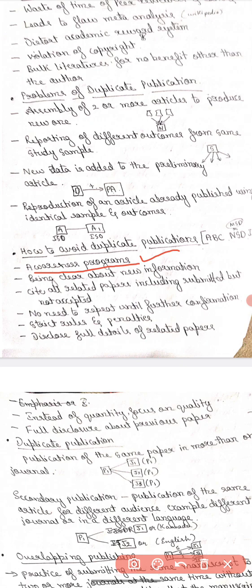They require awareness programs, being clear about new information. If they are doing research on a new innovation topic, they should have the details regarding that. Being clear about new information.